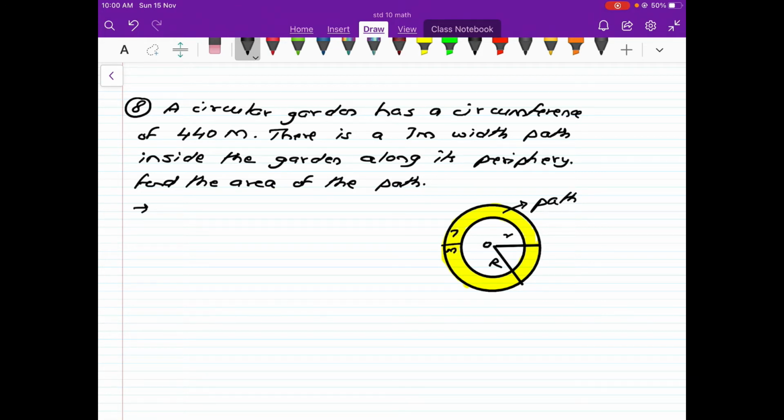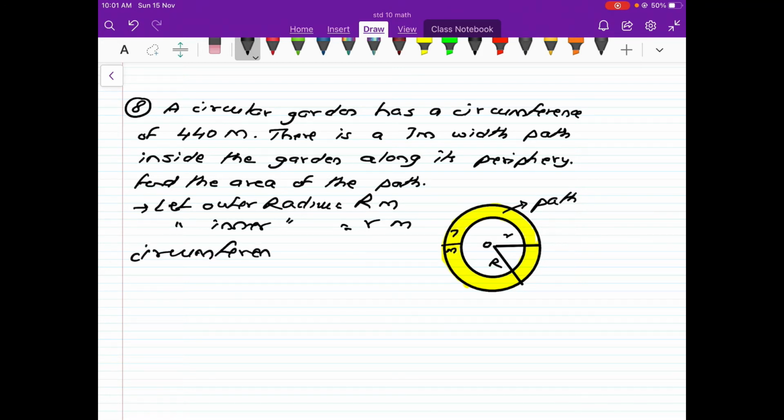So let the outer radius be R meters and let the inner radius be small r meters. Now the circumference is given to us as 440 meters. That is equal to 2 pi R, the outer radius.